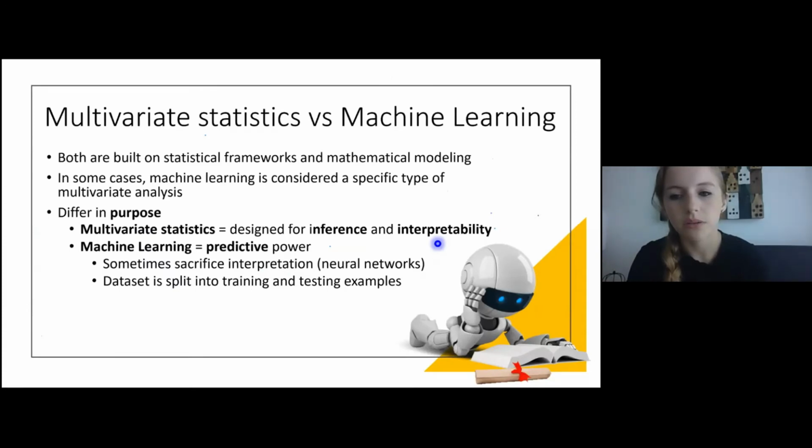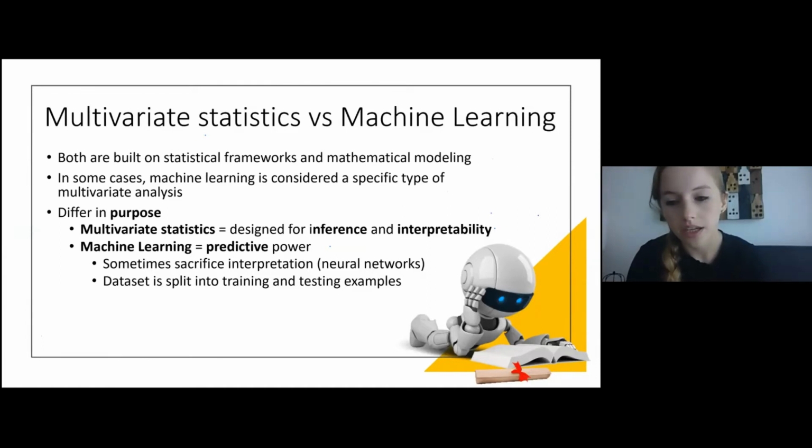But briefly, while in some cases they are pretty synonymous, machine learning and multivariate statistics do differ in their purpose. That is, multivariate statistics are aimed at providing the scientist statistical inference or interpretability about their data set in a way that makes their data more understandable.